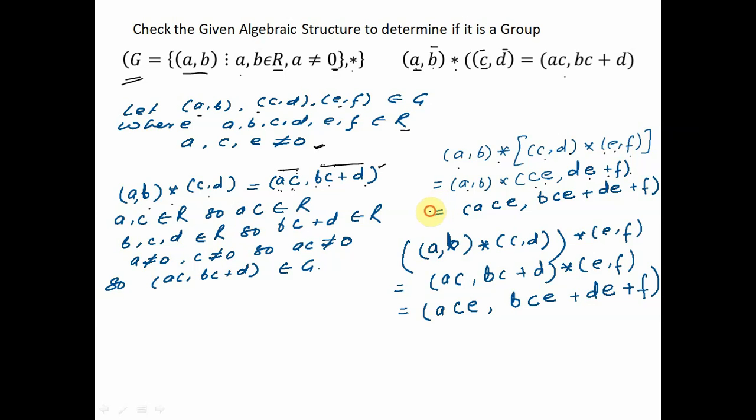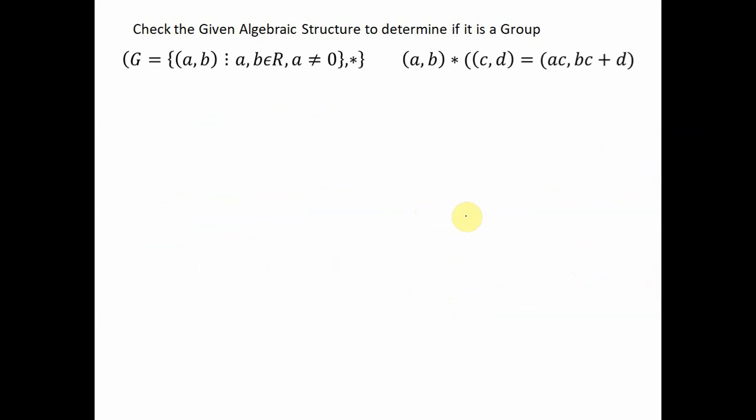This is the left hand side. Let's come over here. (a, b) star (c, d) gives me (ac, bc plus d), star (e, f) gives me (ace, bce plus de plus f). If you see, this is same as this, so associative property is also verified.